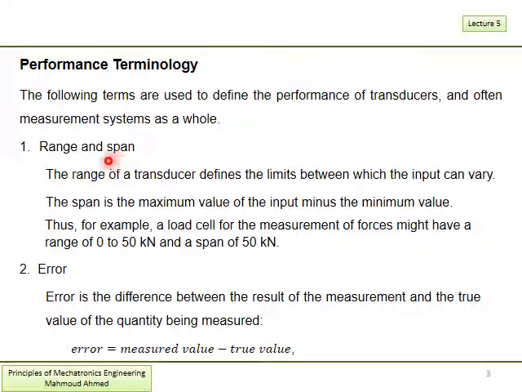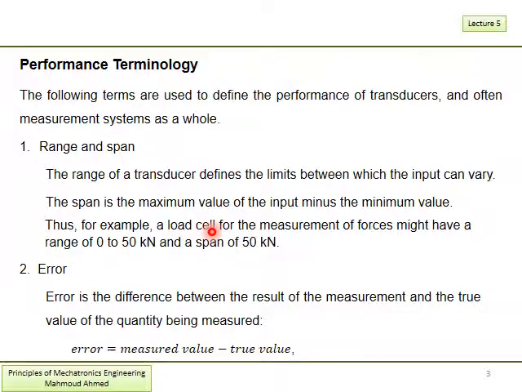The first definition is range and span. The range of a transducer is simply the limits in which the input can vary, and the span is the maximum value of the input minus the minimum value. So let's have an example.